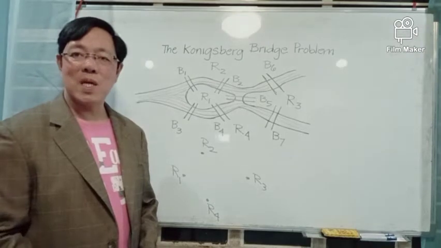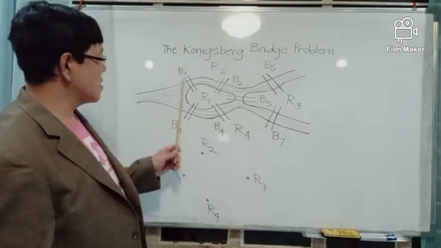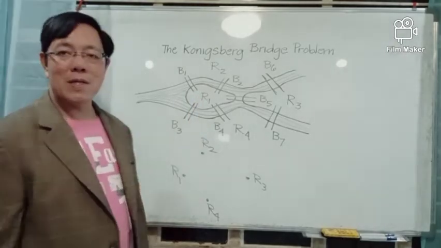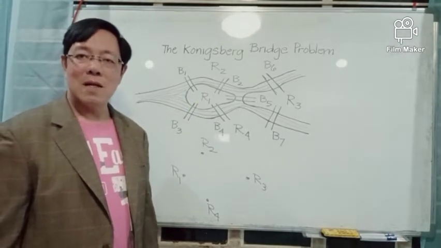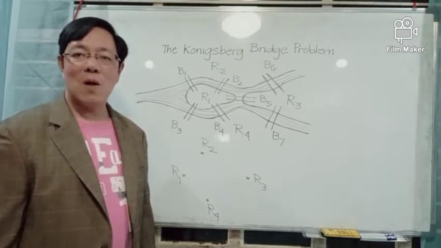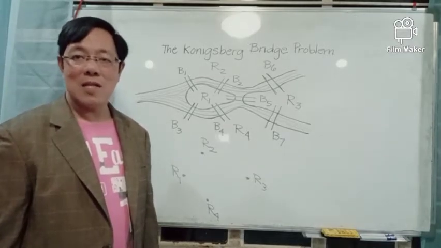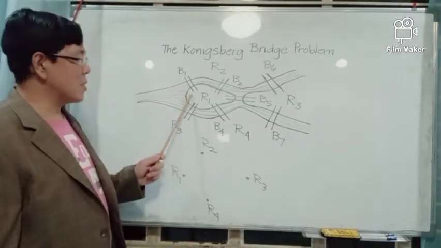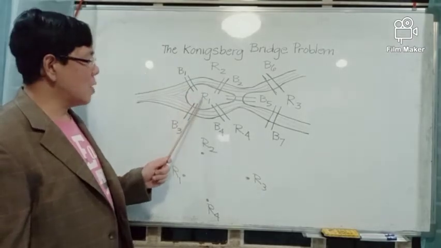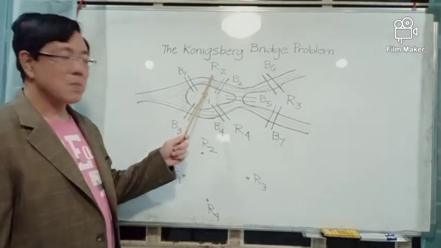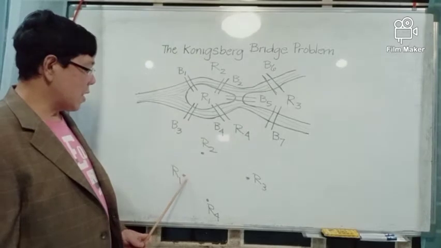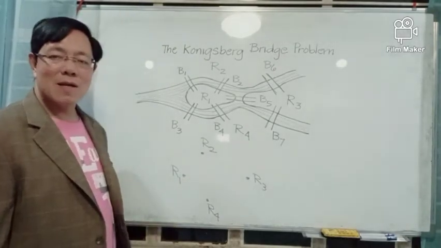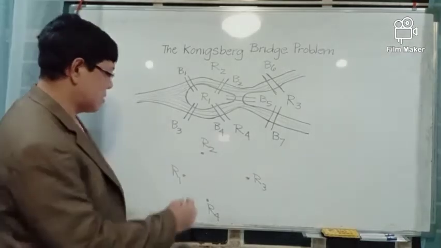In the graph, we will represent the bridges that connect 2 regions or that link 2 regions by lines. And we call these lines in a graph the edges. Since there are 2 bridges that link region 1 and region 2, in the graph we connect these vertices R1 and R2 by 2 lines or by 2 edges.